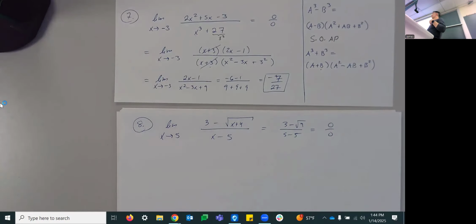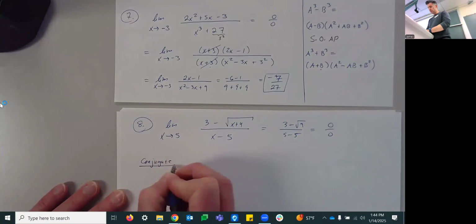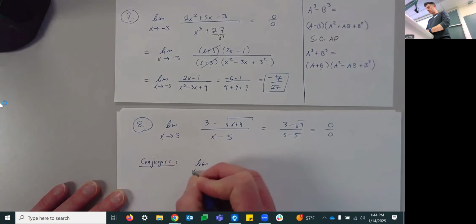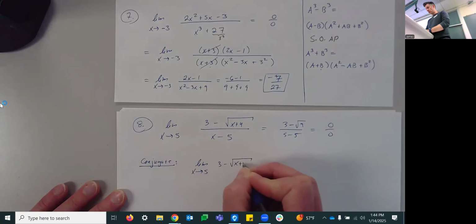Typically, when we see square roots, there is a method for dealing with it, and the method involves multiplying the whole expression by the conjugate of the thing that has the root. So we're going to rewrite this using the conjugate. The limit as x approaches 5 of 3 minus the square root of x plus 4 divided by x minus 5.